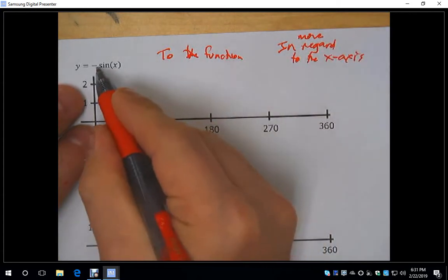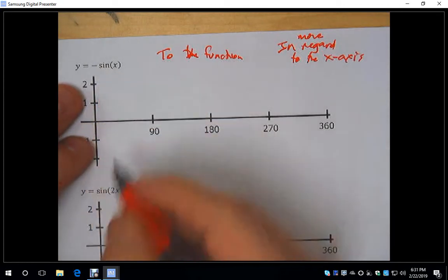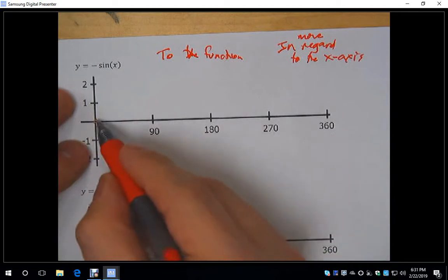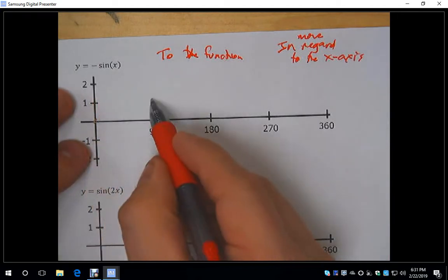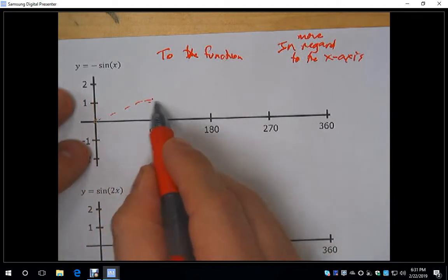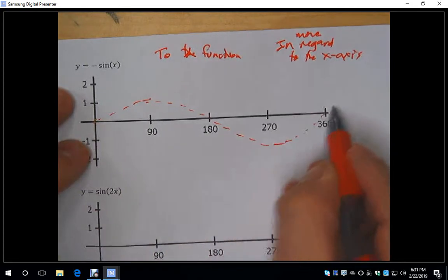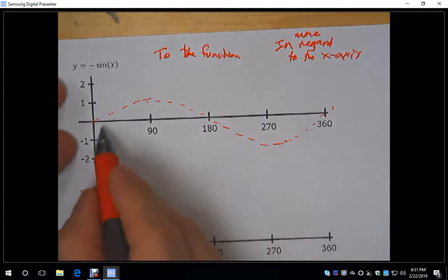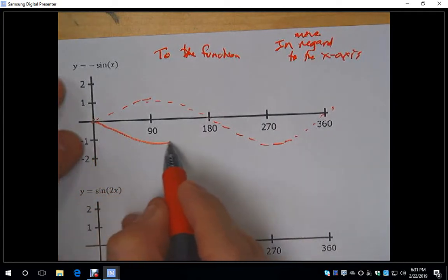In fact, this is a reflection across the x-axis. So what used to be our graph, y equals sine of x, would look something like this. We have reflected across the x-axis, so the graph is going to look something like this.